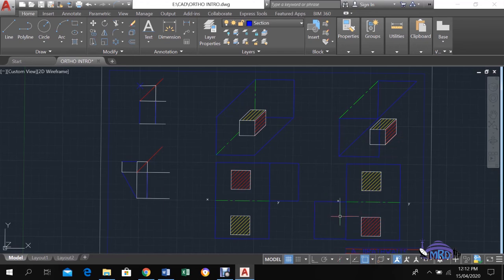So these two layouts give you a good representation of what should be happening with regards to orthographic projection, whether it is third angle projection as is represented on the right, or whether it is first angle projection which is represented on the left.